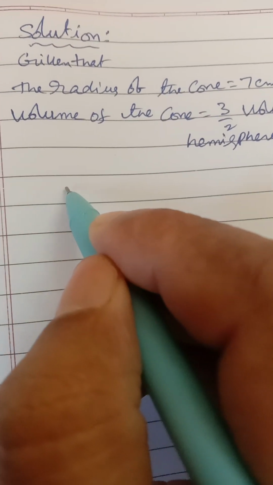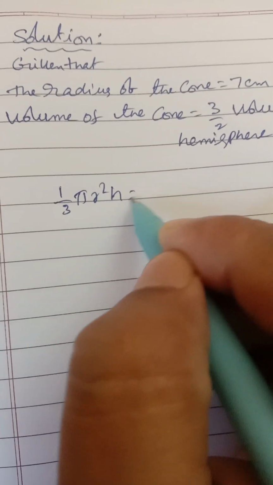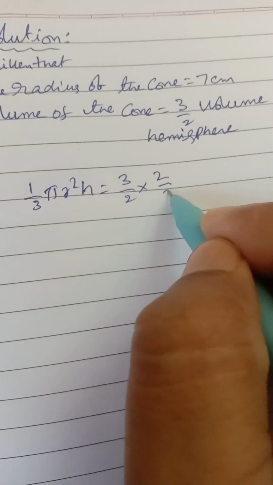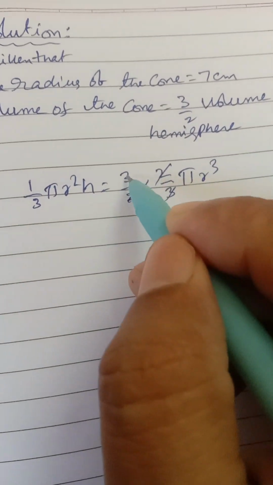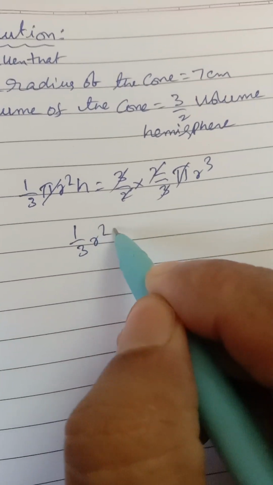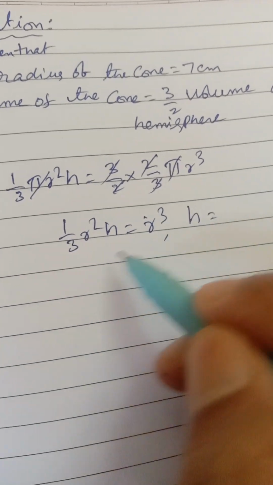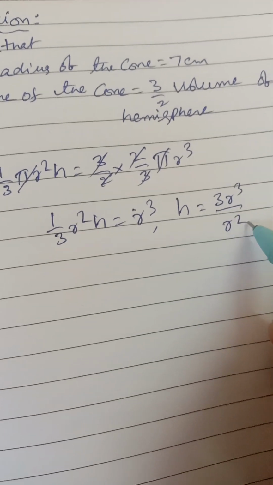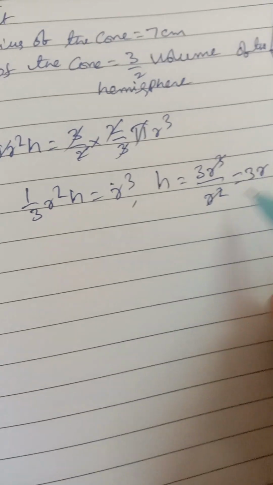Volume of the cone formula, 1 by 3 pi r square h is equal to 3 by 2 into volume of hemisphere, which is 2 by 3 pi r cube. 2 cancel, 3 cancel, pi cancel. 1 by 3 r square h is equal to r cube. h is equal to 3 into r cube by r square. r square cancels with r cube, h is equal to 3r.